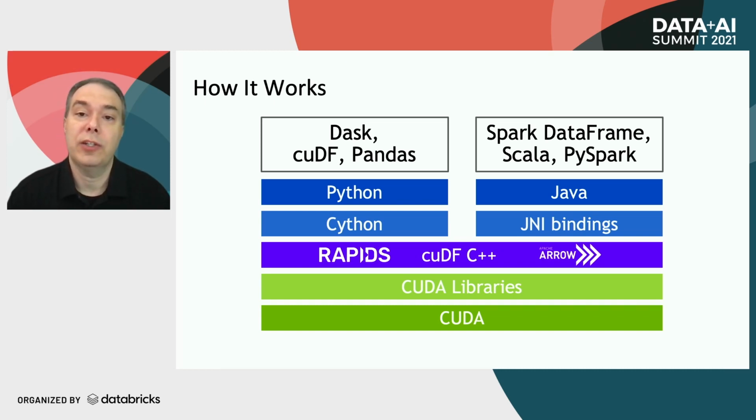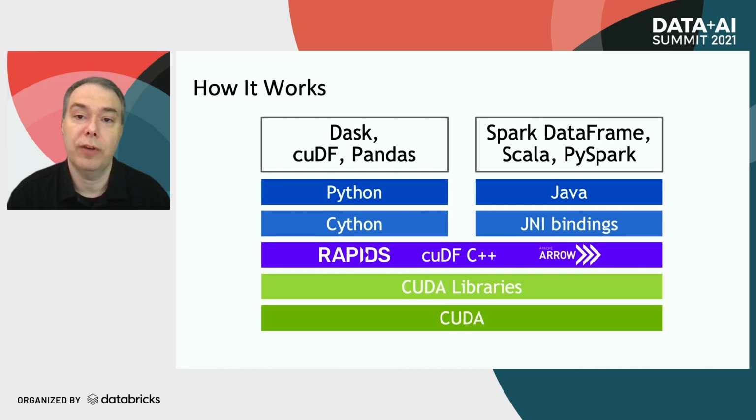And one of the flagship libraries from RAPIDS is cuDF, which is a C++ library called libcuDF using Apache Arrow data layout on the GPU for the data format. And there is a Python binding to libcuDF, and that's called cuDF. It provides a pandas interface, and combined with Dask provides a very powerful distributed processing framework for those familiar with the pandas framework.